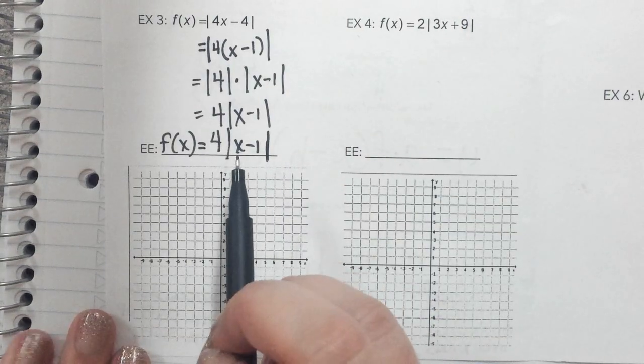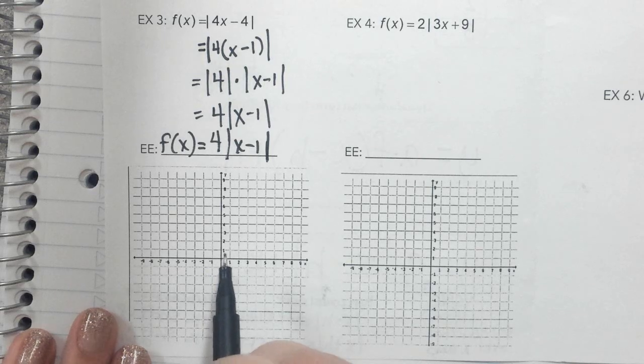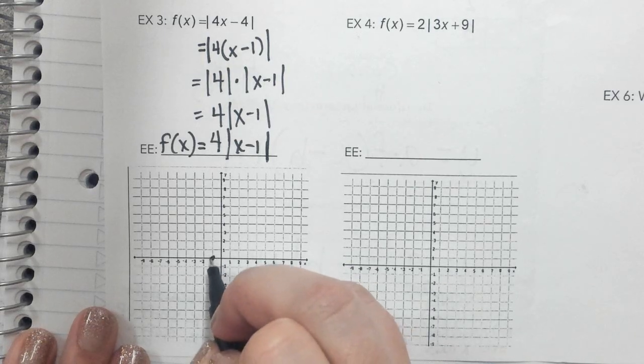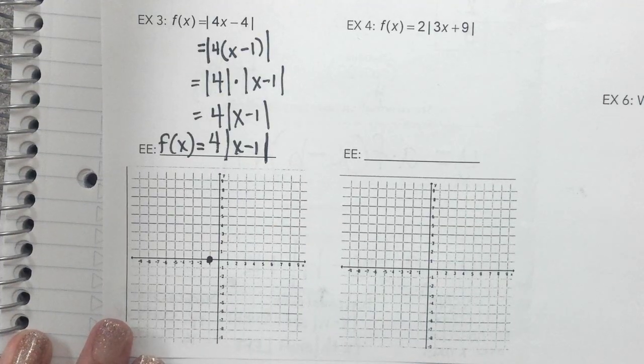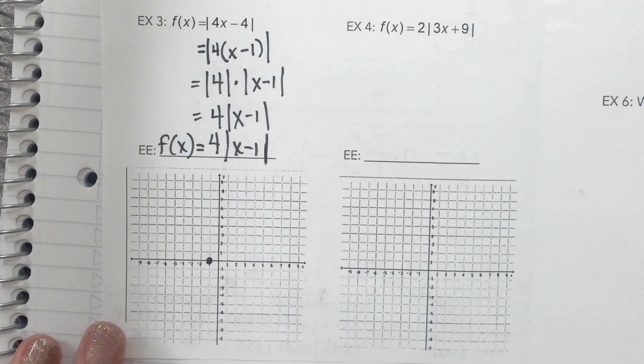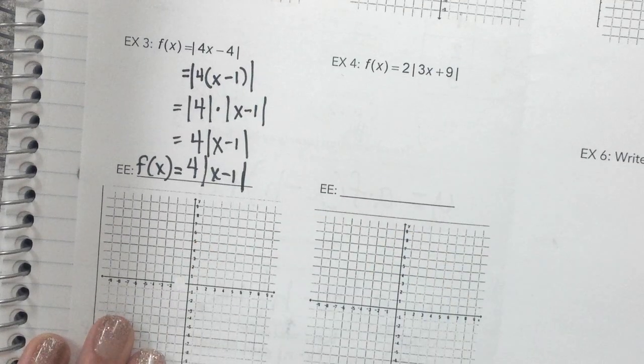So to graph it, how would my vertex be shifted? Left 1, and then we have a vertical stretch of 4. Shouldn't it be right 1? Right 1.